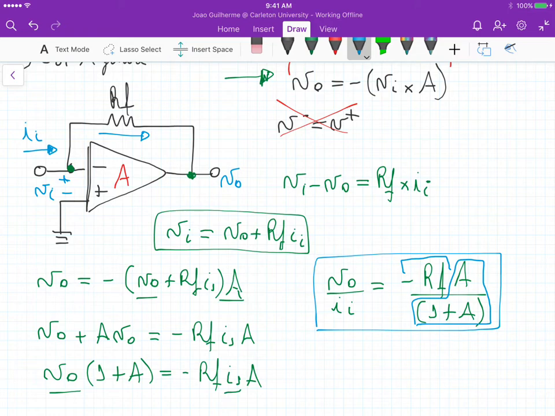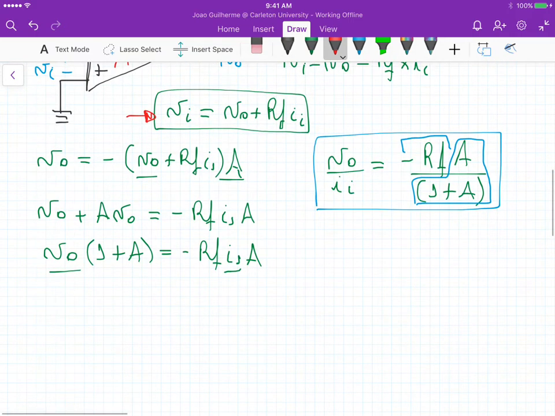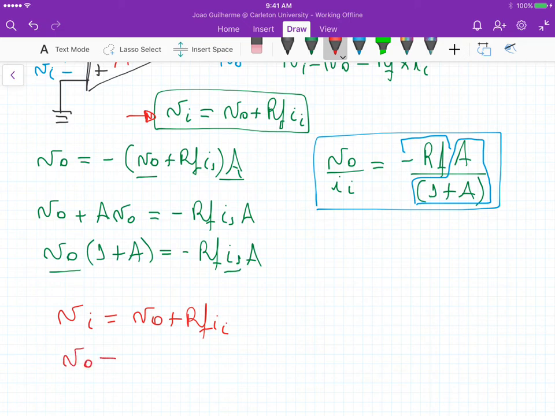Now if we keep with this equation here, let me write it here, Vi equals V out plus RF times the input current, and we now isolate V out, we get that V out is equal to Vi minus RF times the input current.